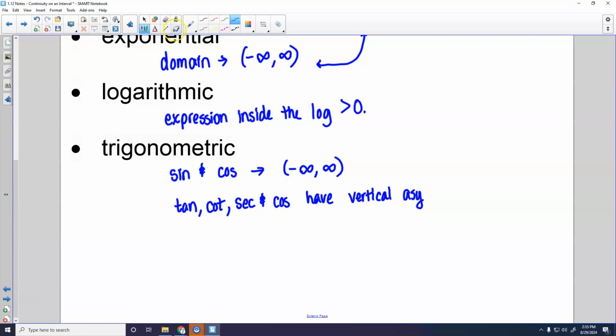No, it is not. CSC. Sorry about that. Okay, so they're going to have repetitive vertical asymptotes for those.